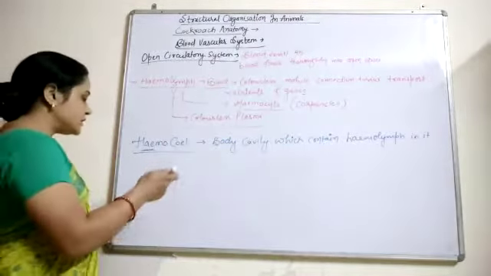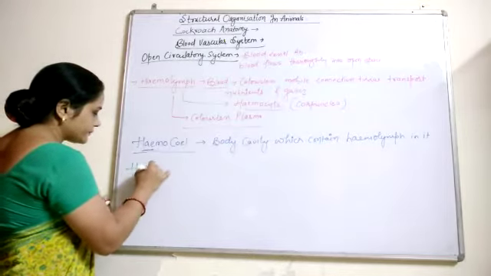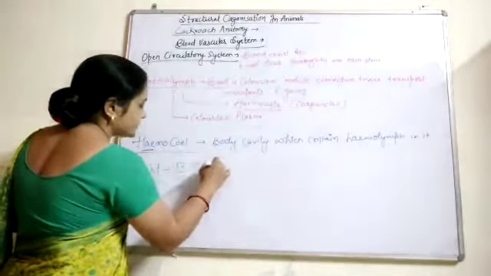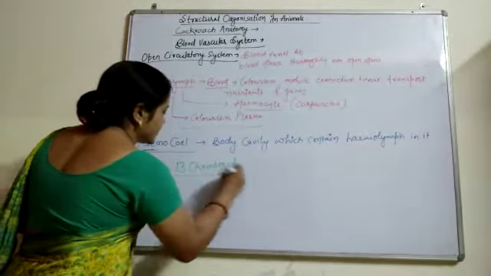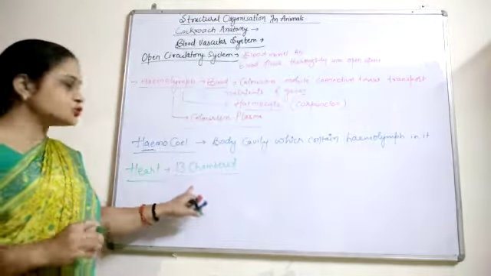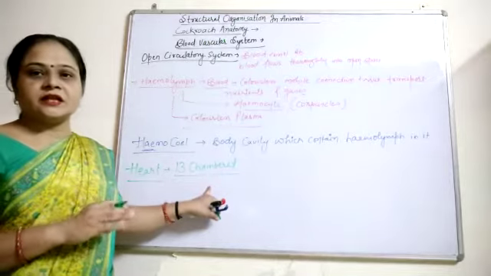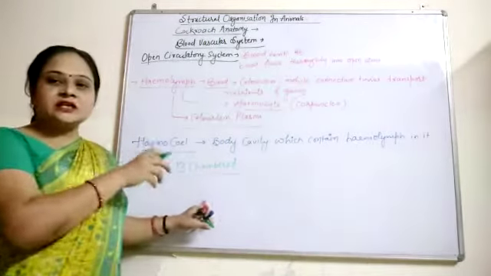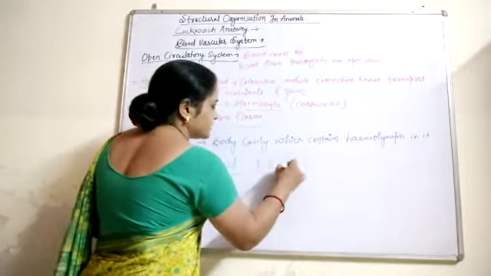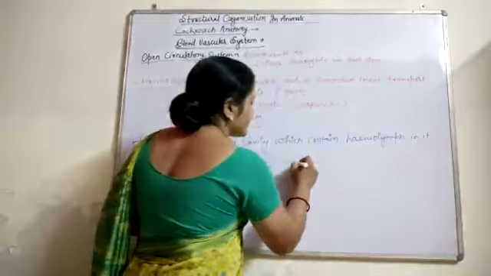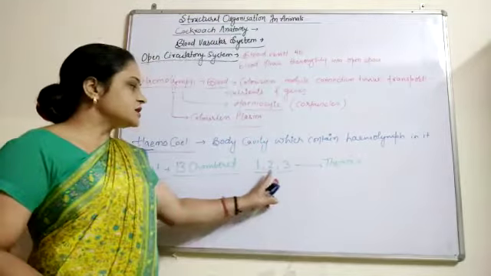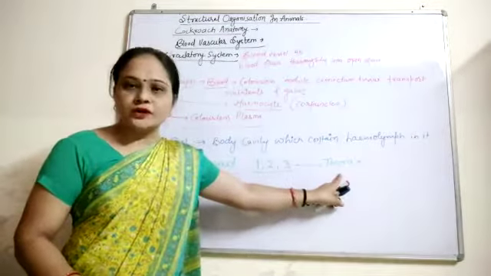Next term is heart. Heart is 13 chambered. A 13 chambered heart is present in the cockroach. It is important. The first, second and third chambers are present in the thorax part.